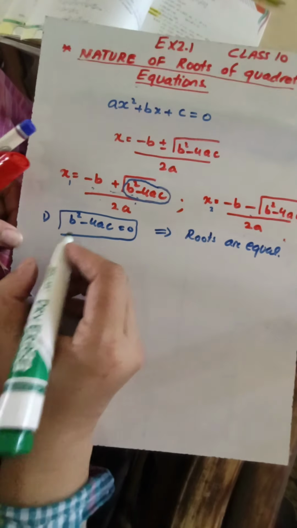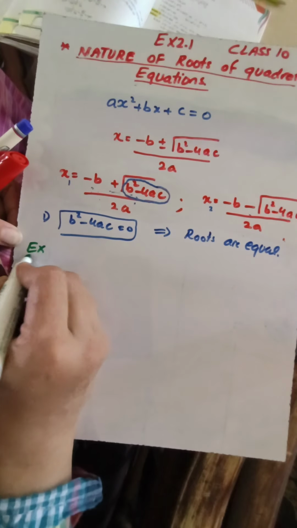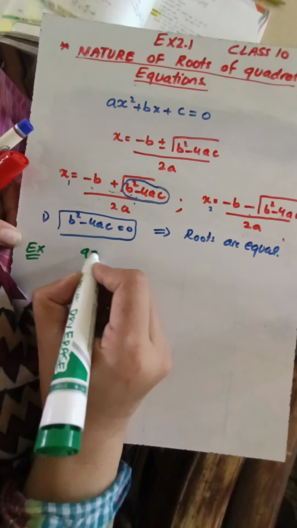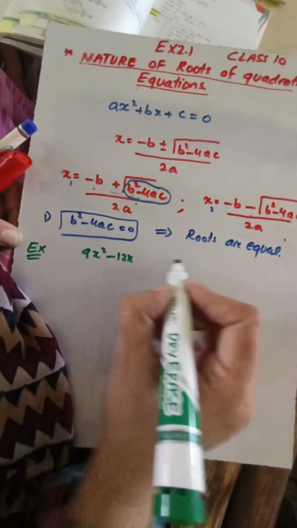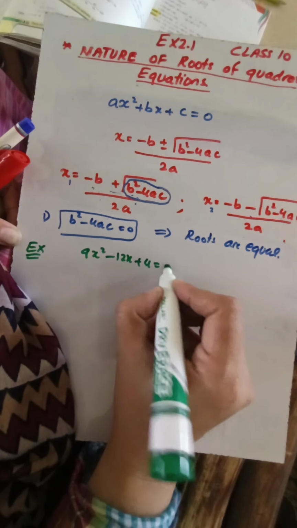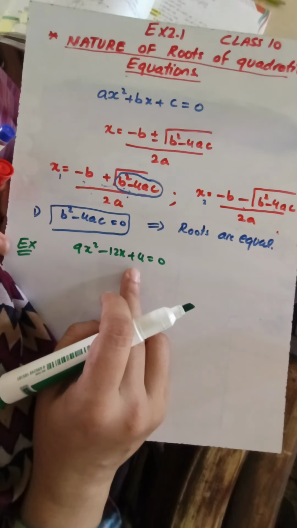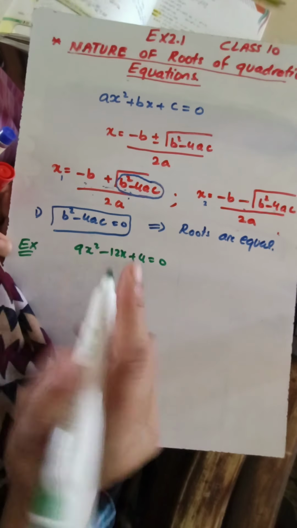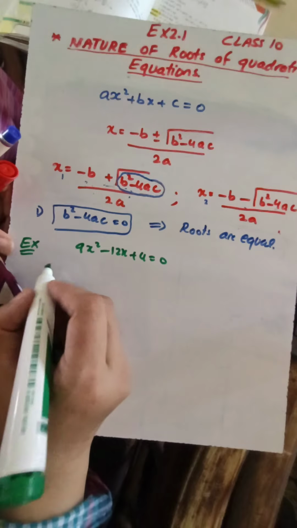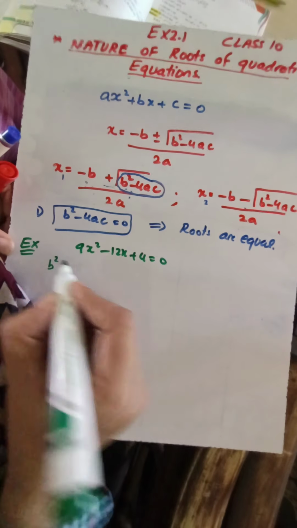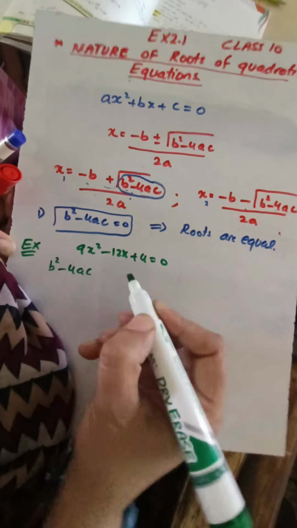Let us take the example. Suppose we have the quadratic equation 9x square minus 12x plus 4 is equal to 0. Now in order to know whether this equation will have equal solutions or not, we need to calculate the discriminant, which will be b square minus 4ac.